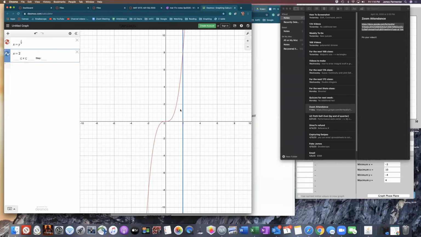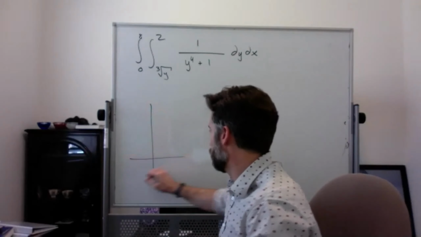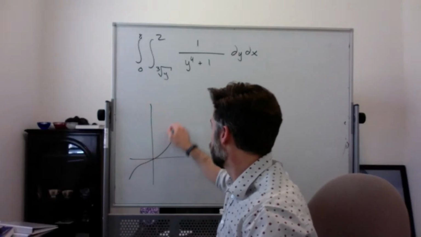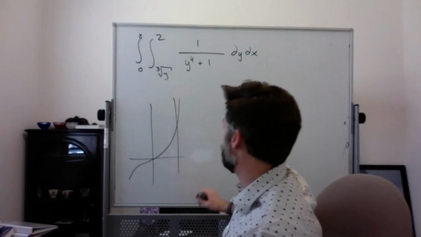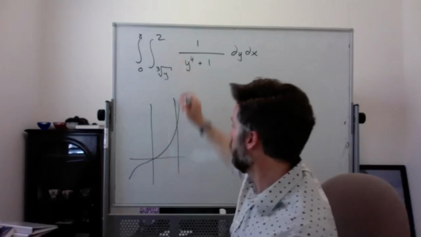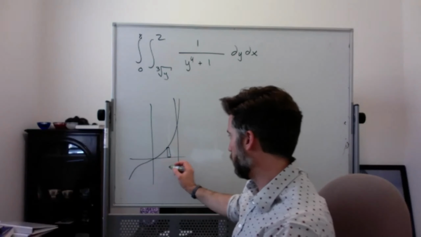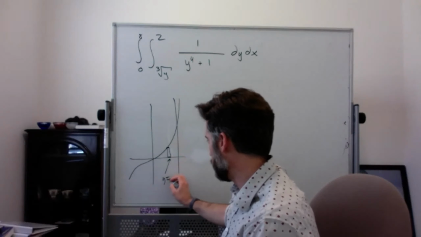And now we're going to switch it around. We're going to take that region, so yeah, Desmos is great. Here's the region. Instead of doing horizontal cross sections like we were doing it written this way, now we're going to use vertical cross sections. The lower bound is going to be y equals 0.